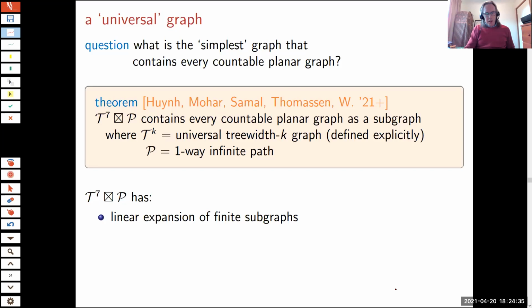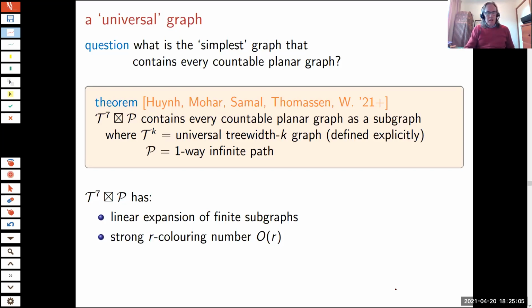This is linear expansion in the definition of Nesetril and Ossona de Mendez. I'm not going to go into what that means, but I think this is one of the core properties of planar graphs. It has strong r-coloring numbers, linear in r. Again, this is another core property of planar graphs. It implies all sorts of theorems about coloring planar graphs, such as bounded acyclic chromatic number and other things.